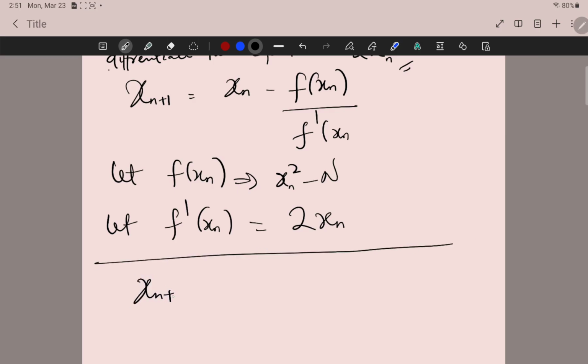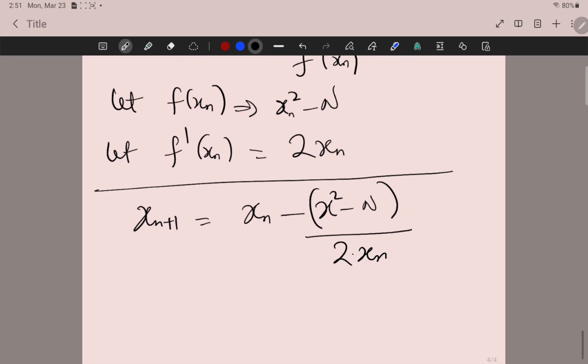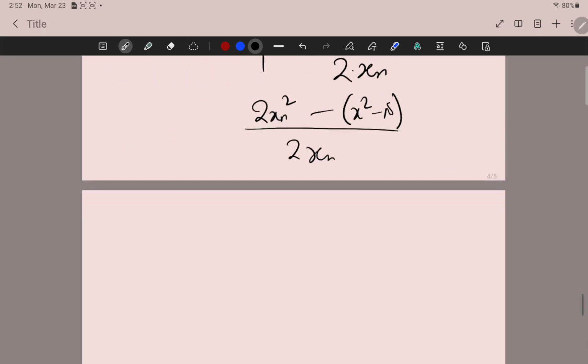So we have x(n+1) is equal to xn minus, what is your f of xn? xn squared minus n divided by the differential, which is 2xn. We're doing LCM right now, so this becomes 2xn squared minus xn squared plus n, divided by 2xn.